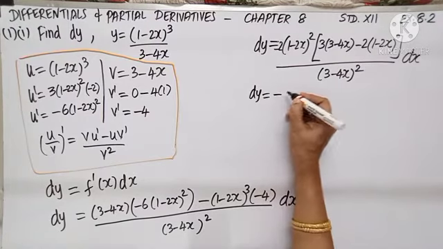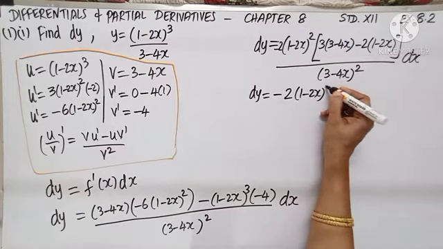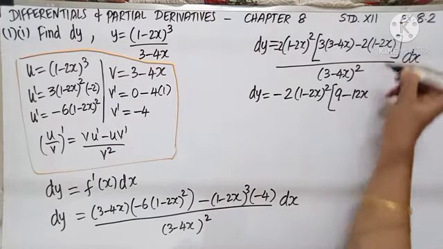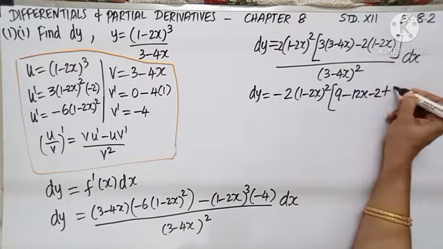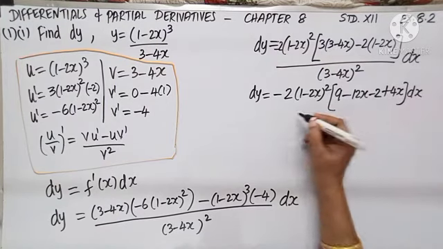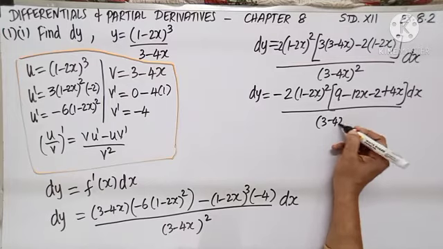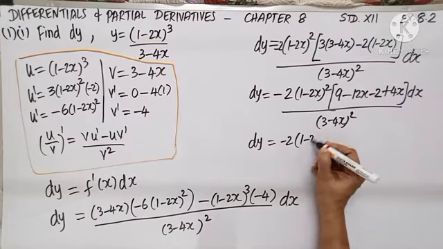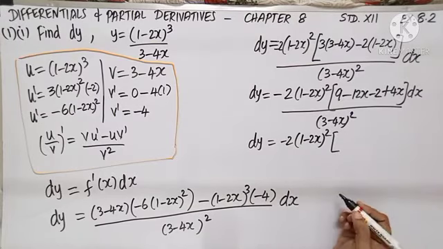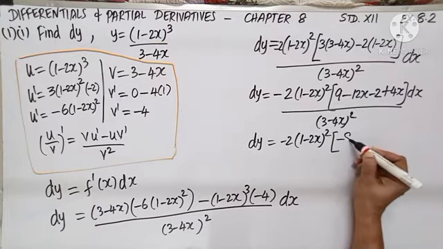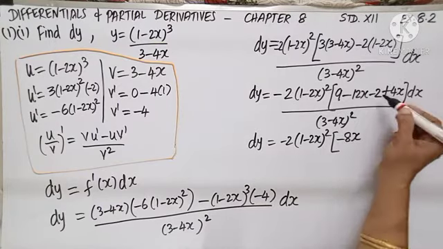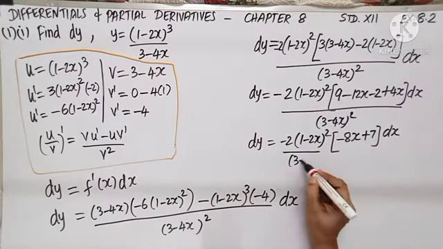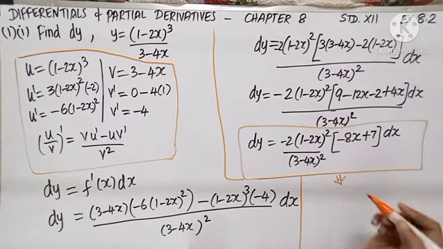Dy equals minus 2, 1 minus 2x the whole square. Simplify this. 9 minus 12x, minus 2 into 1, minus 2 into minus 2x, into dx, divided by 3 minus 4x the whole square. Or one more step we can write: minus 2 into 1 minus 2x the whole square into minus 12x plus 4x is minus 8x, 9 minus 2 is 7, into dx divided by 3 minus 4x the whole square.